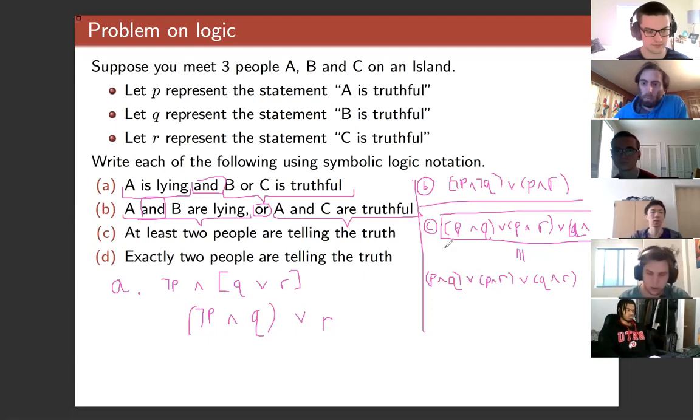So again, we represented the three different pairs, P and Q, or P and R, or Q and R, and David's point was that that's actually logically equivalent to this statement, where we have an or, P and Q and R. So that means that all three people are truthful.